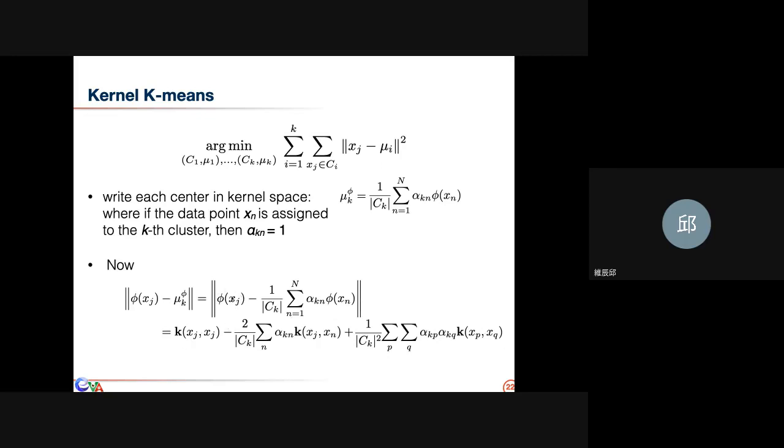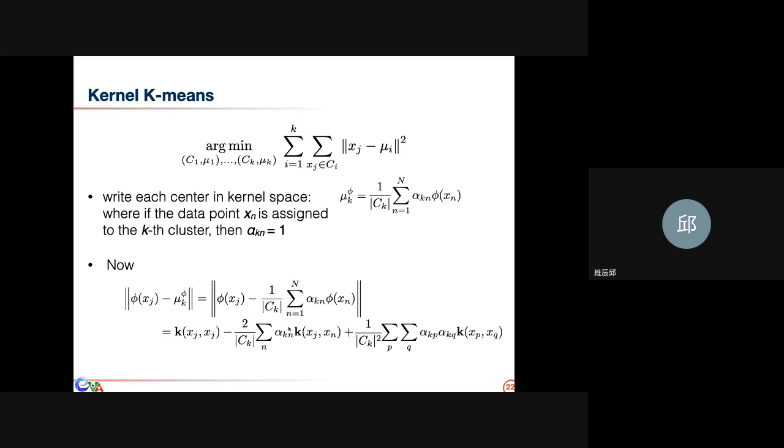Because you will have phi of xn squared, it is related to the kernel function between xj and xj, and the second term is related to this. You can see here that you have the multiplication between alpha and also the k between different data points, and also this term.